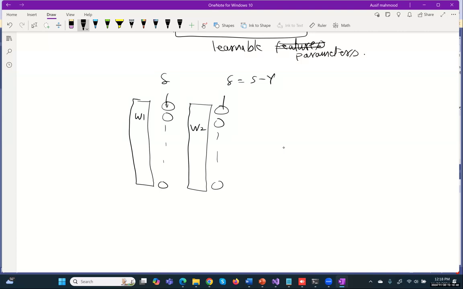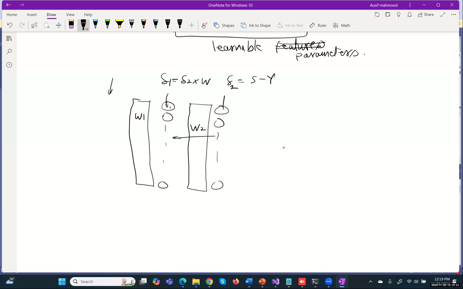Let me call it delta 1, and the last one delta 2. How is delta 1 related to delta 2? It will be delta 2 times W, and of course we can do the transposes so the matrix multiplications work. But that's the general idea, because W2 is connecting this layer to the next layer. So when we go backwards, the weights get multiplied.